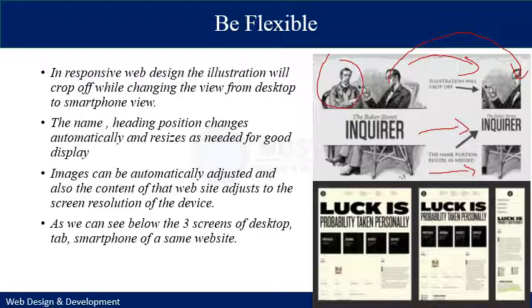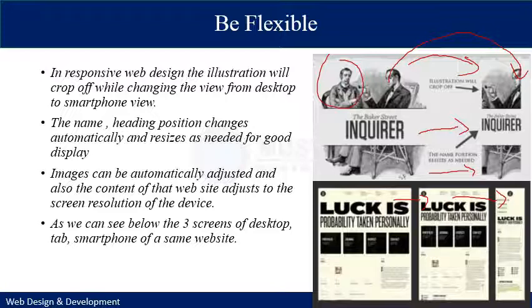For example, in the second image, you can see the same heading is displayed in three different screen sizes, and the responsiveness of your website allows it to transform from one screen to another and to the third one.